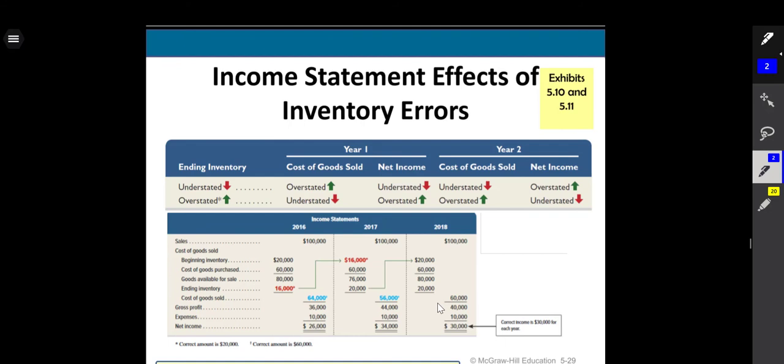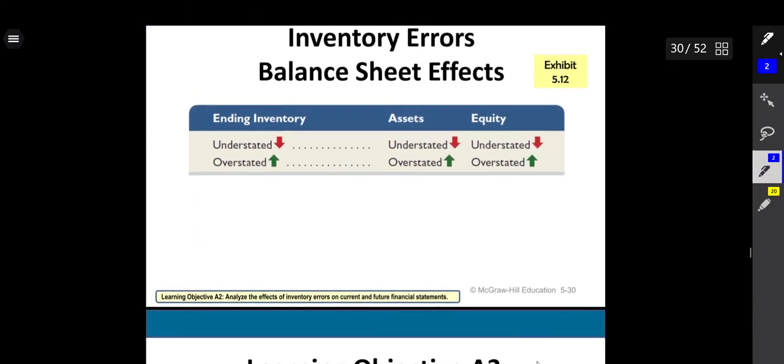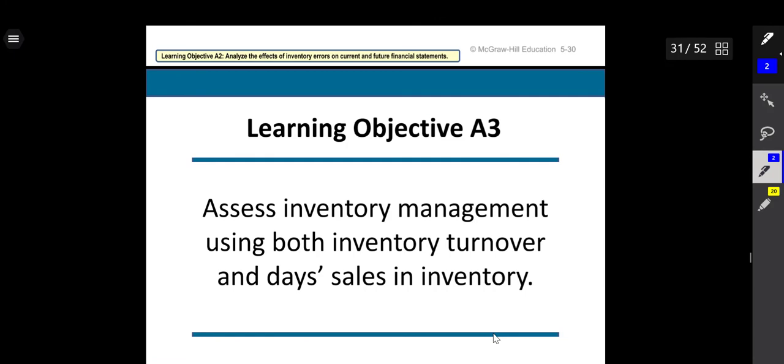See this? We have the ending inventory here from the first year, and we understated ending inventory there. We move it in here. What this naturally does then is create an overstated value in the second year. And then in the third year, again, this will come through, and it basically corrects itself over a period of time. Now, that doesn't mean we don't need to be aware of it. We do, but I'm just showing you that after a couple of years, you wind up self-correcting.